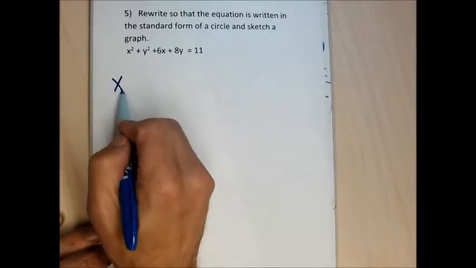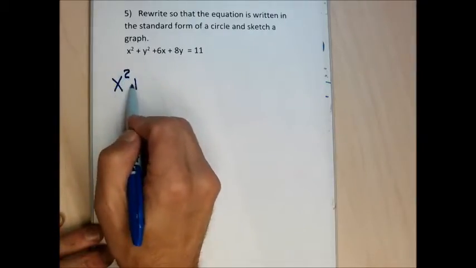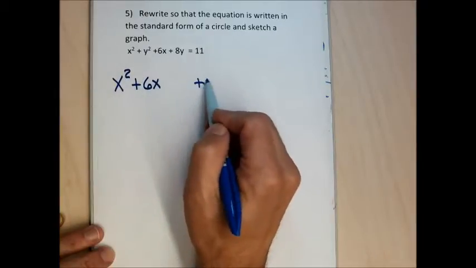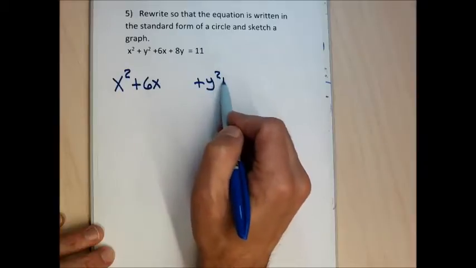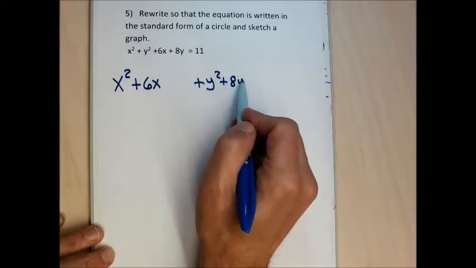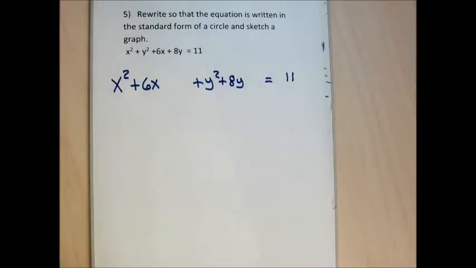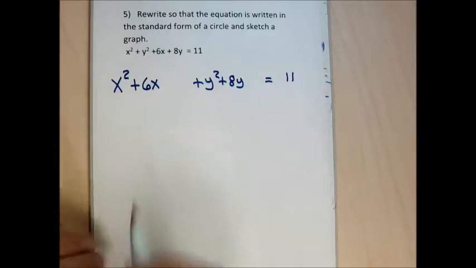To do this problem, I have to write the x terms close to each other, the y terms close to each other, and leave a gap between the x's and the y's and the equal sign. And I have to add some number.